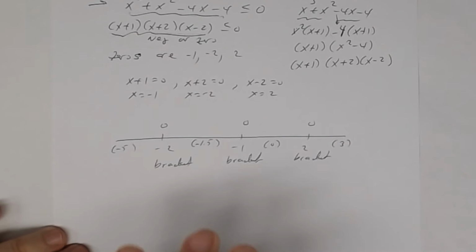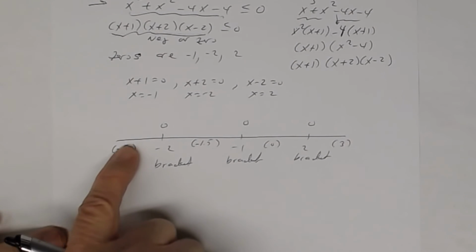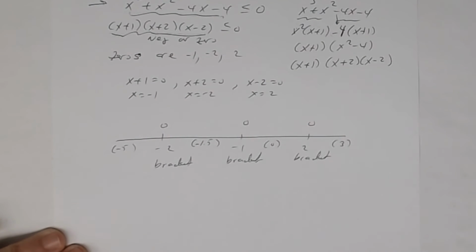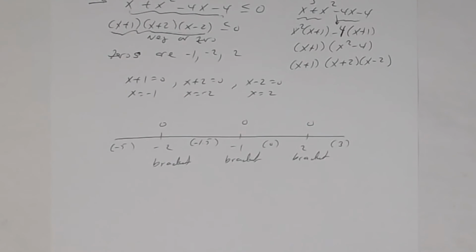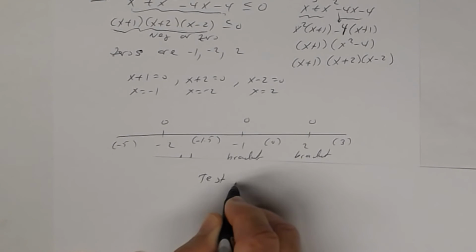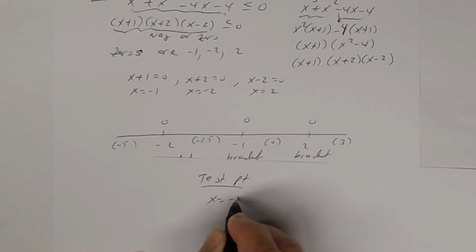All right. So now we're going to determine whether this test point, when we substitute it, is positive or negative. So I'm going to do the work in another sheet of paper, just like I've been doing with the others. And so let's do this. So test point, x equal -5.